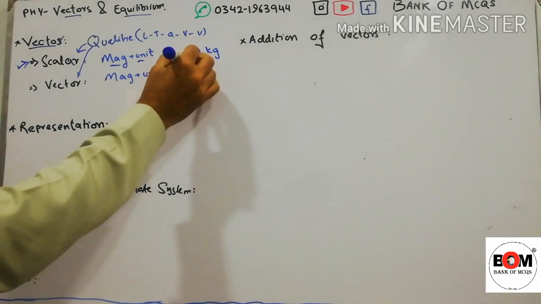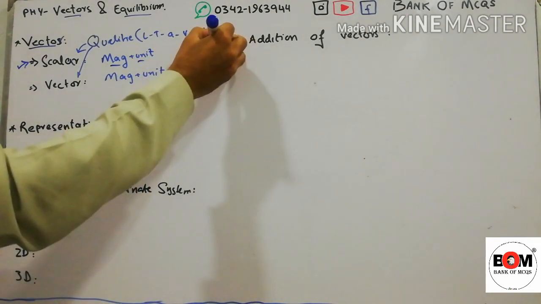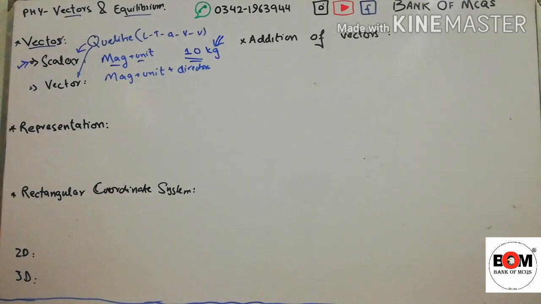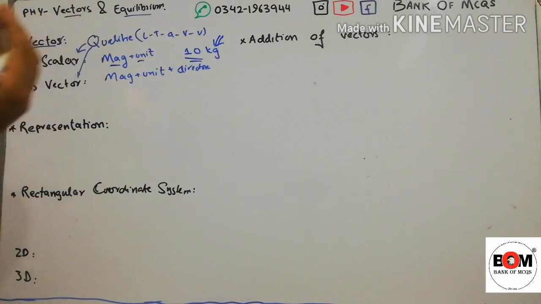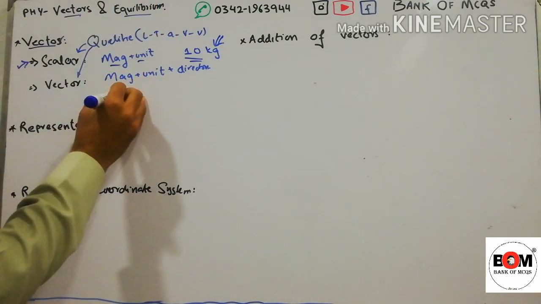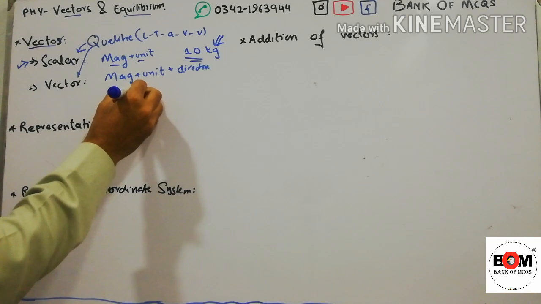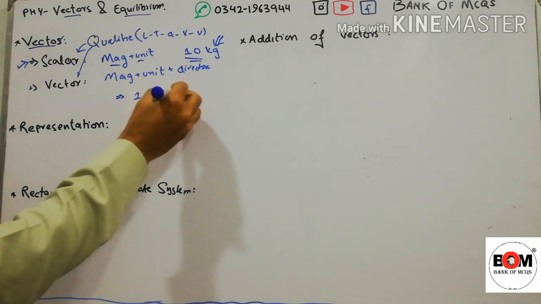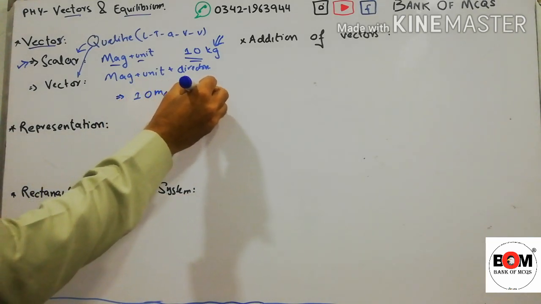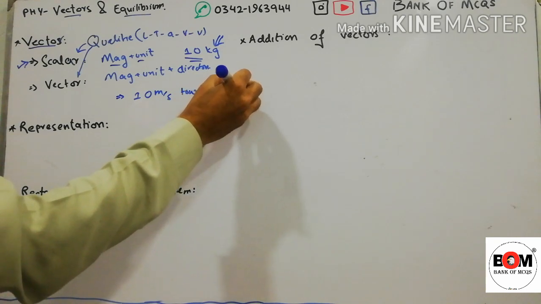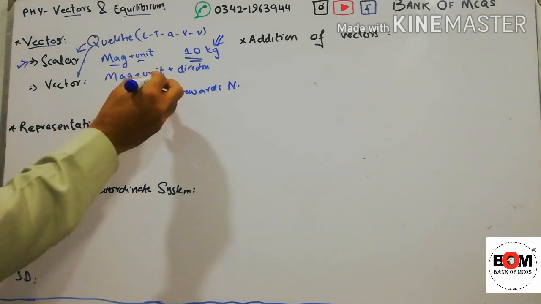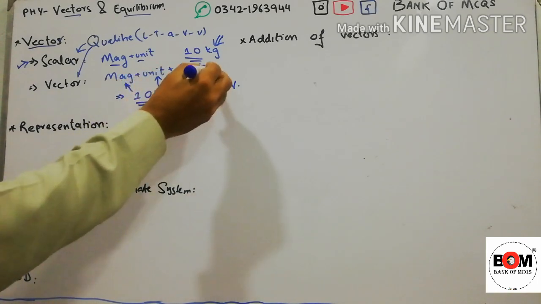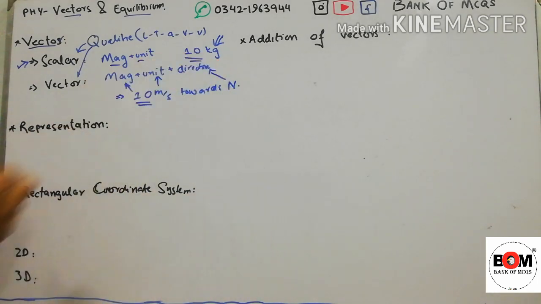To define a scalar quantity, we only need magnitude and unit, like 10 kg. In this case, 10 shows the magnitude while kilogram shows the unit. If you say give me 10 kilogram of sugar, it is done. Now if we say the body is moving with 10 meter per second towards north, 10 is the magnitude, meter per second is the unit, and towards north is the direction.